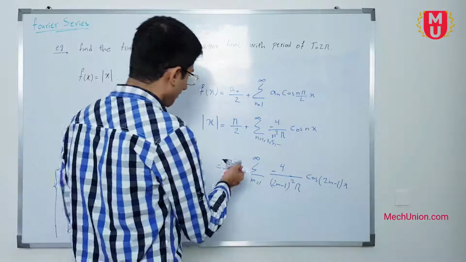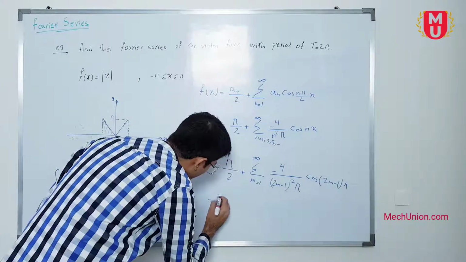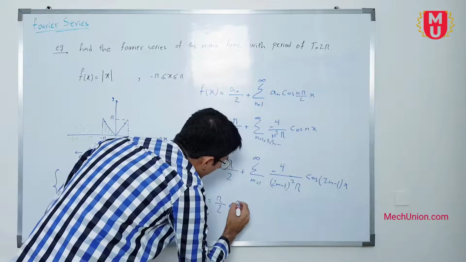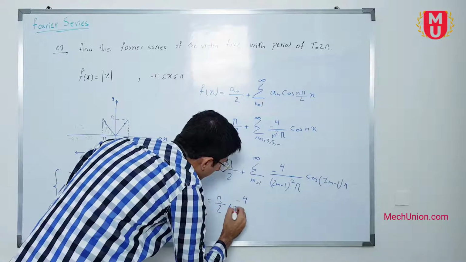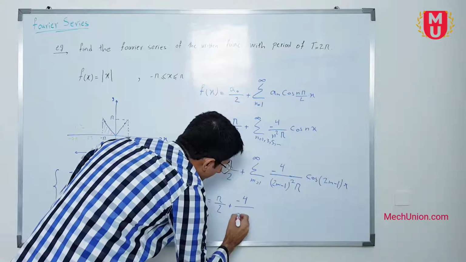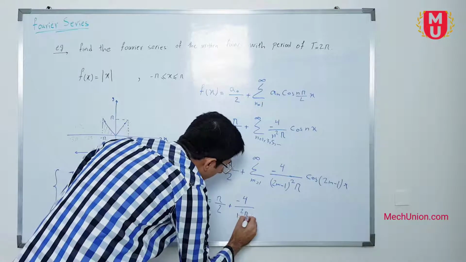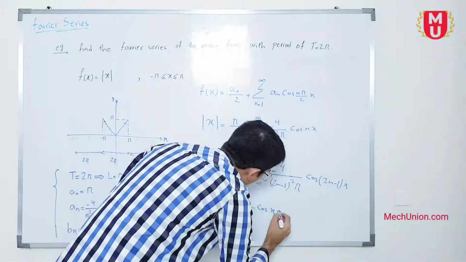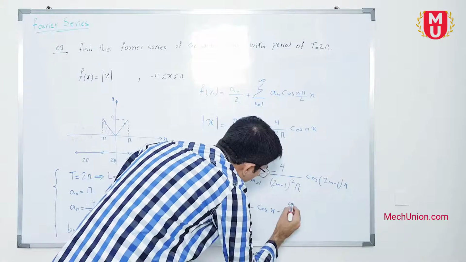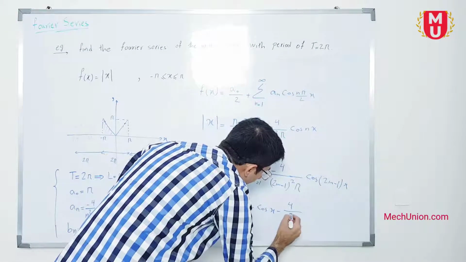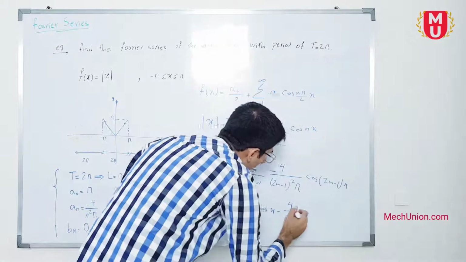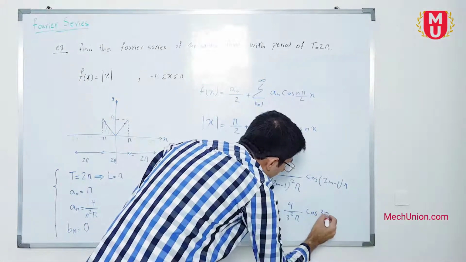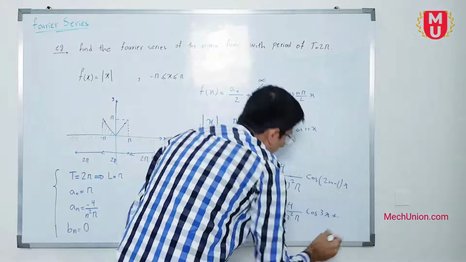You can open it up like this: pi over 2 plus minus 4 over 1 to the power of 2 cosine x, minus 4 over 3 to the power of 2 cosine 3x, and so on.